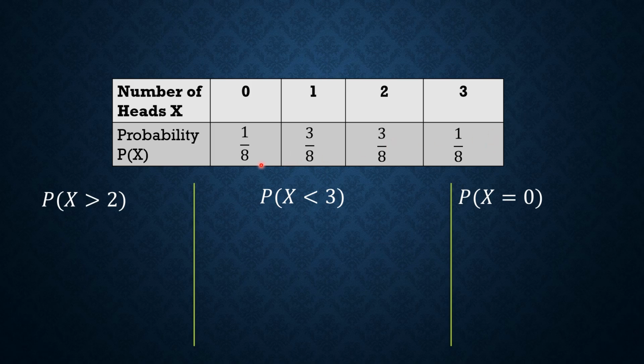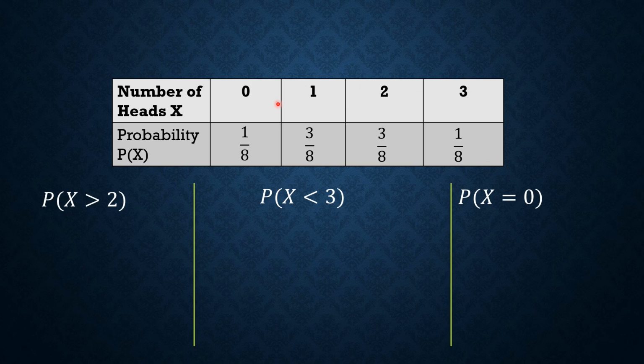The second condition is that walang probability dito sa ating table na negative and greater than 1. So if we look at each probability, this is actually greater than or equal to 0 but less than or equal to 1. And that is the second condition na nasatisfy. So this table represents probability distribution.